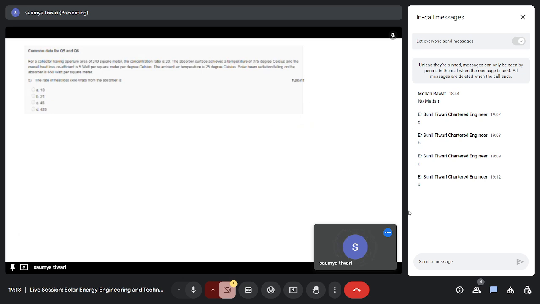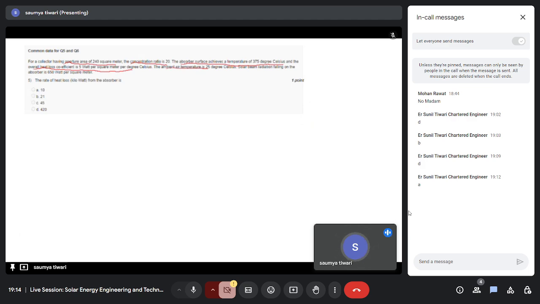Now this is the question. For a collector having an aperture area of 240 square meters and a concentration ratio of 20, the absorber surface achieves a temperature of 375 degrees Celsius, and the overall heat loss coefficient is 5 watts per square meter per degree Celsius. Ambient air temperature is given as 25 degrees Celsius.